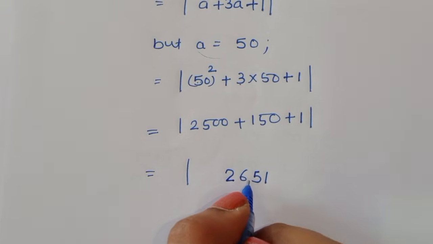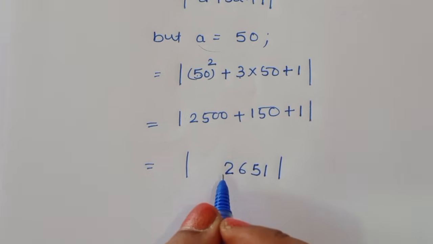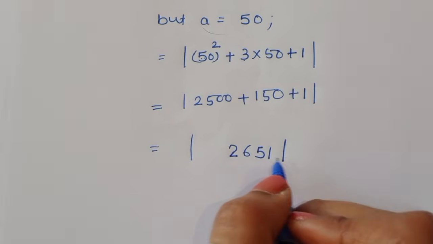So we get 2651, the mod of 2651, but this is a positive number, right?